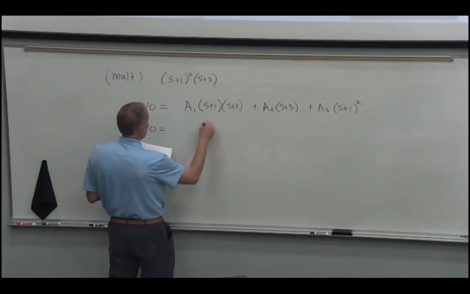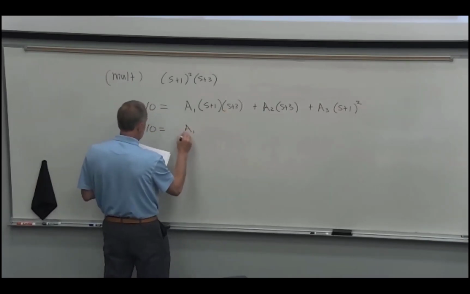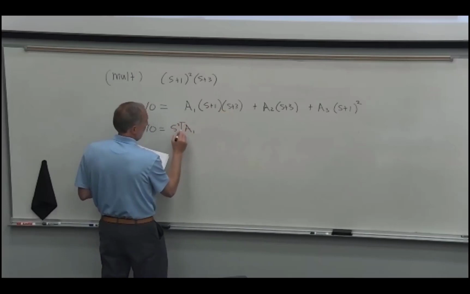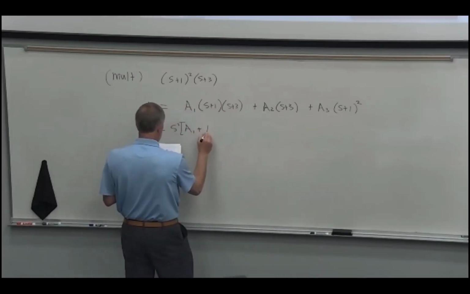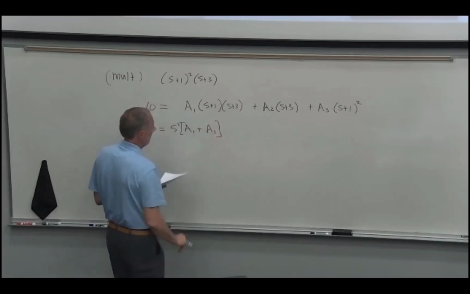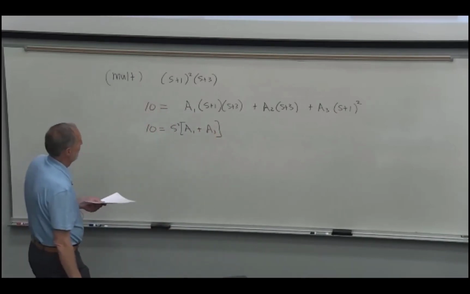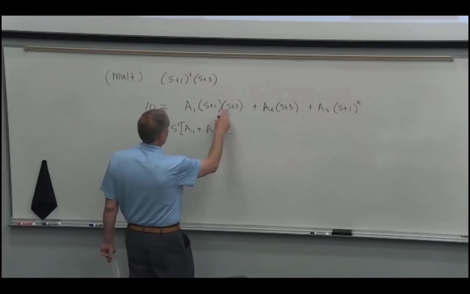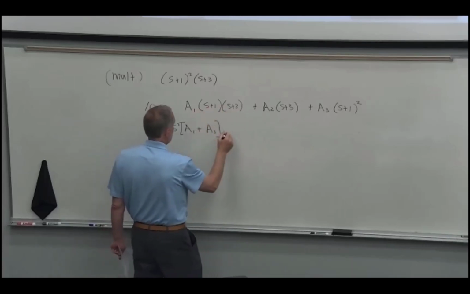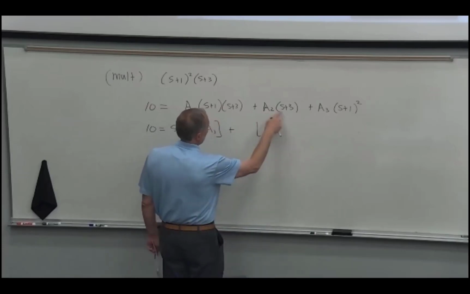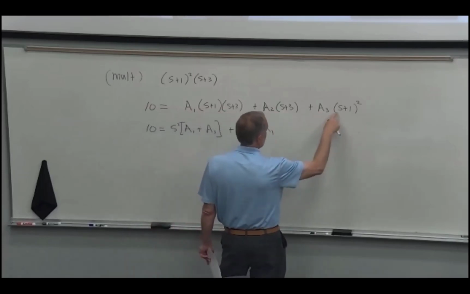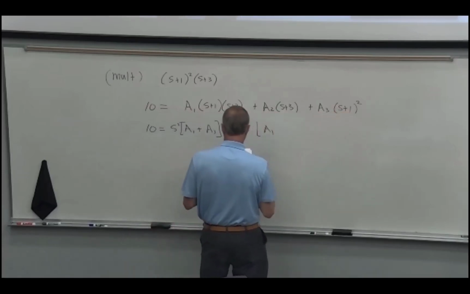And then we need to multiply everything out. We're going to get s squared from over here times A3. So I collect all those together. And then we get A1 times s and A3 times s times A1. And we get an A2 times s, and we get an A3 times 2s in here.